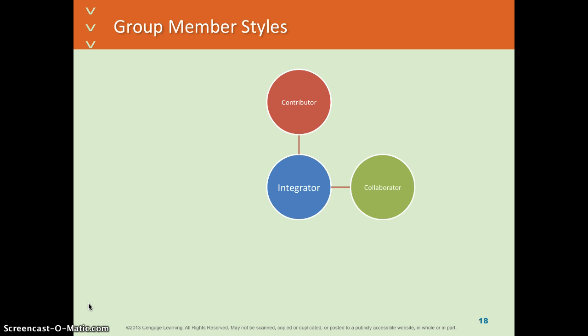Group member styles. The integrator, contributor, collaborator, communicator, challenger. Task and maintenance functions.